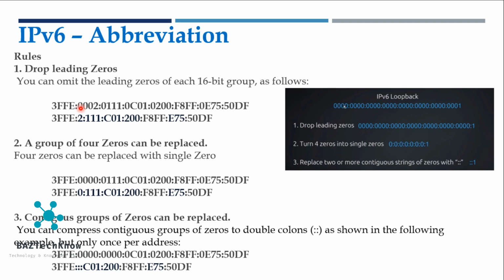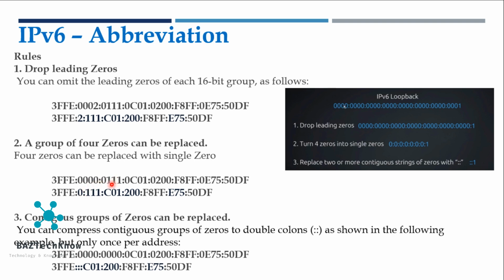Okay. The second rule is that a group of four zeros can be replaced with one zero. This is again the same rule of arithmetic: if you have multiple zeros, you can write one single zero. For example, in the same example, 3fae:3fae:0000:0000, I can write a single zero over here.